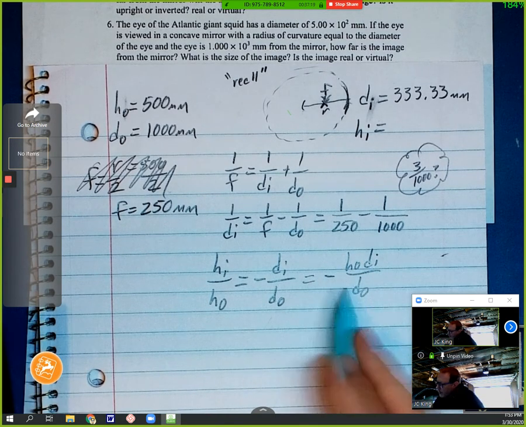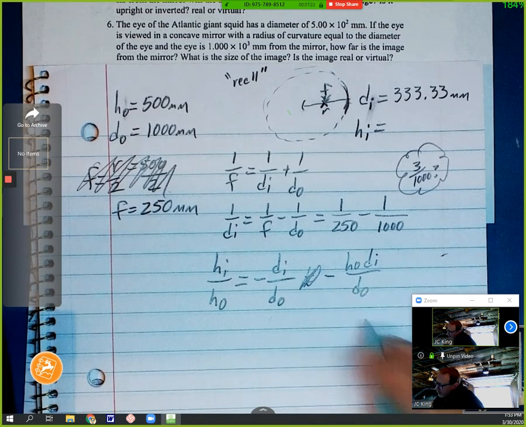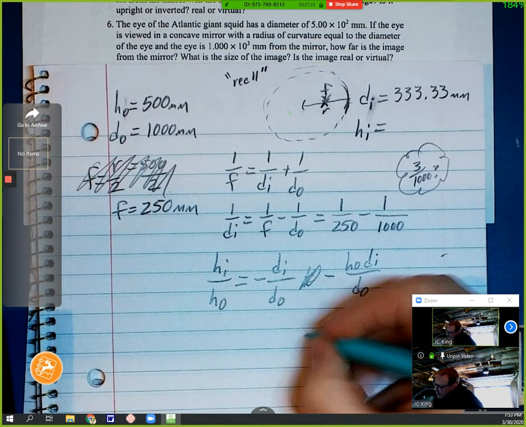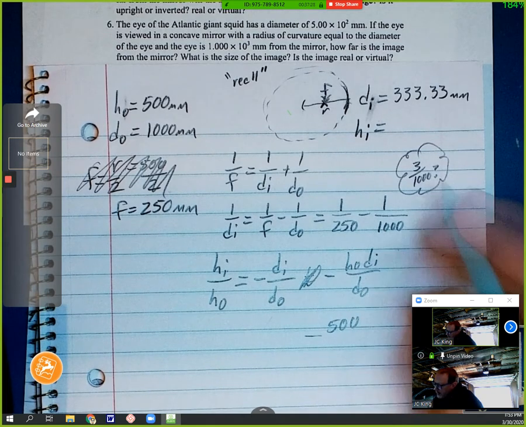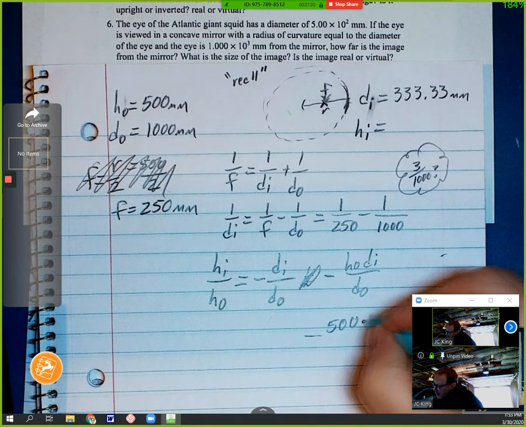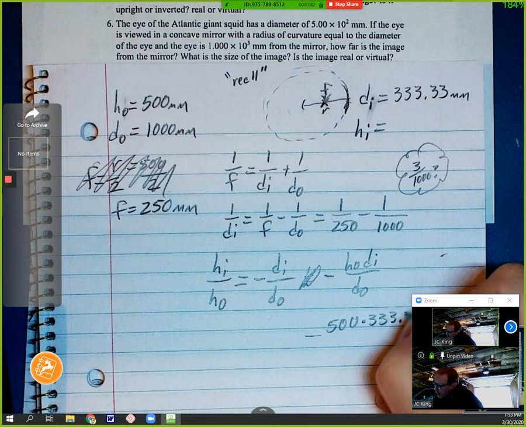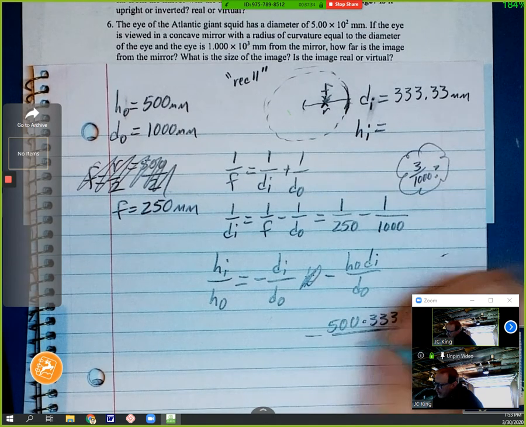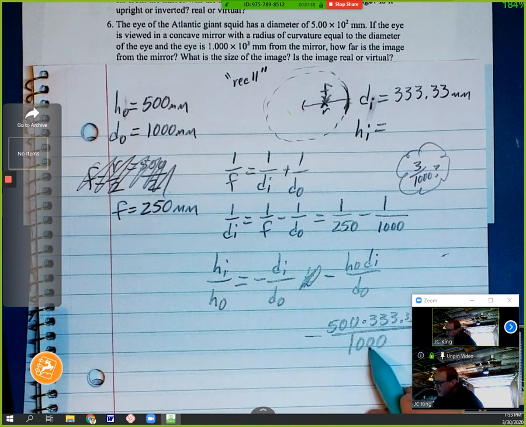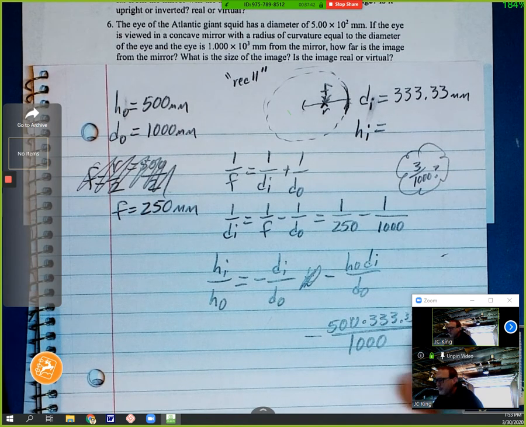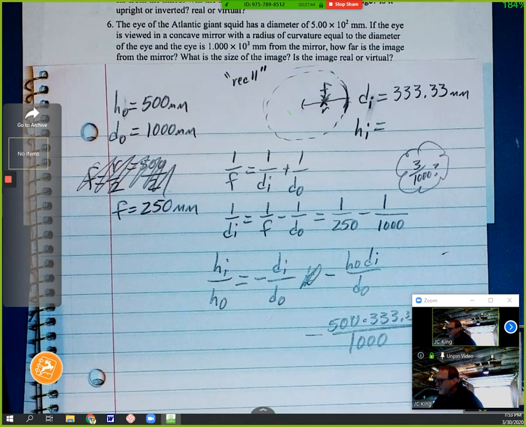So we plug that in, so it's going to be negative of 500 times 333.33 divided by 1,000. 500 1,000ths, that's like 1 over 2, so 333.33 divided by 2. That's going to be like 167 point something, I think.